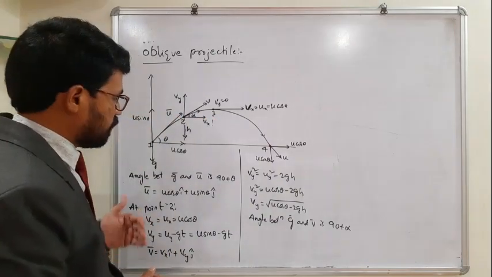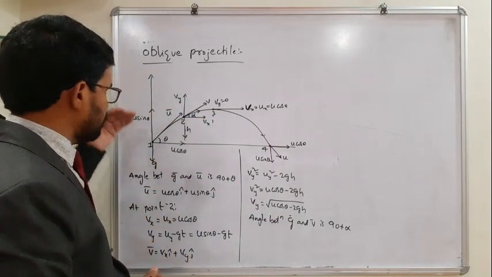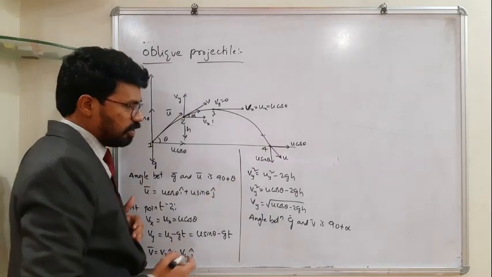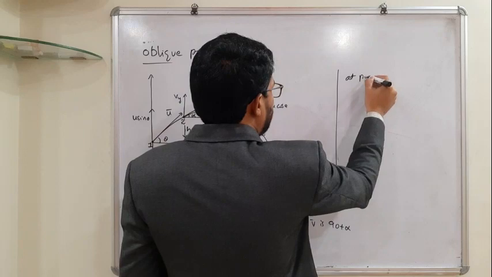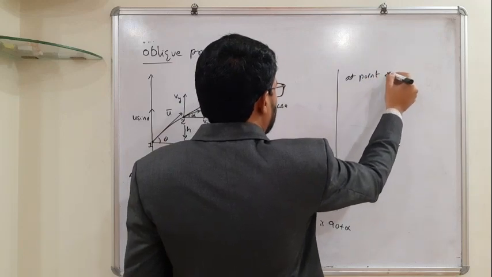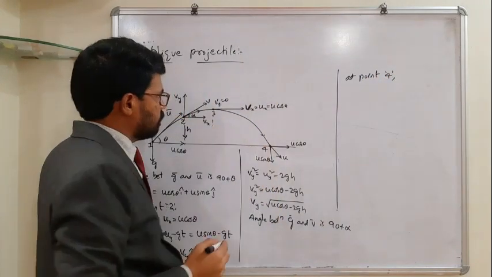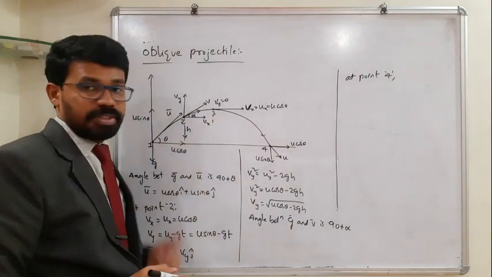If you are supposed to find the change in vertical component of velocity at point 4, at point 3 we already discussed the details.